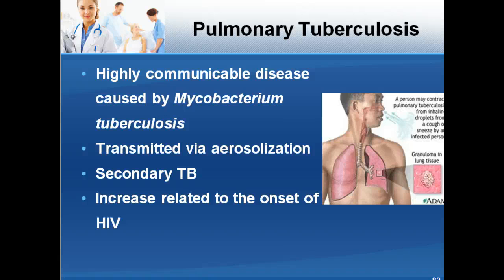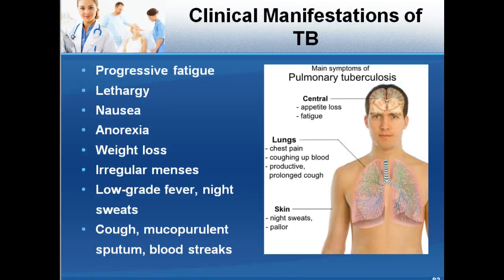So basically, these are some of the symptoms when a person has tuberculosis. They usually feel very tired, very lethargic. They usually have nausea, anorexia, weight loss. If it's a female, irregular menses, low grade fever.